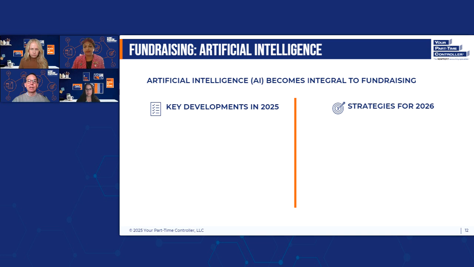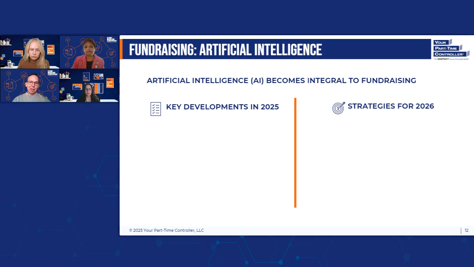Candid FDO, GrantStation, Instrumental, even grants.gov on the federal side, despite the federal uncertainty. And of course, some of these tools are better than others. That's always the way it is. The idea behind all of them is to help you find a funder or initiative similar to the one you know and like, but that might be hiding in plain sight.